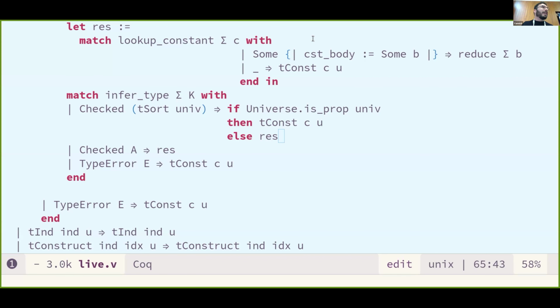I think there was a paper at maybe something like ITP 2018 by Jason and Adam and other people that compared different ways of doing reflection and reification. And I think still MetaCoq's way of quoting and reifying is faster than any other way, because essentially it's the identity.